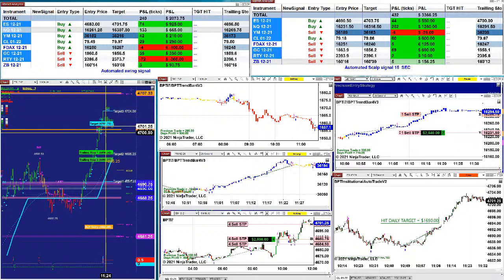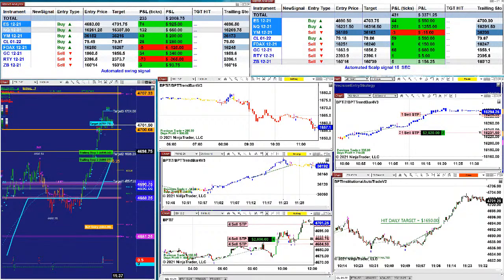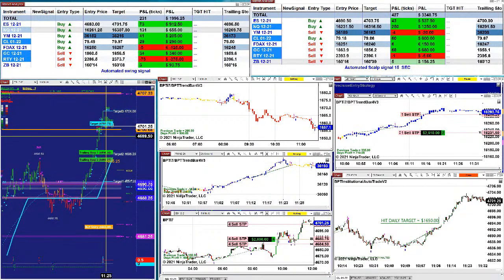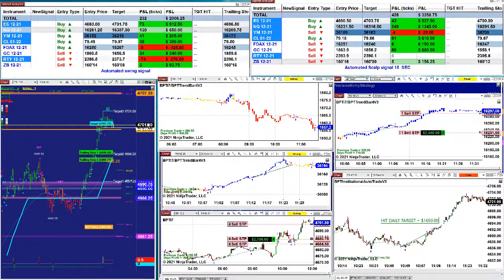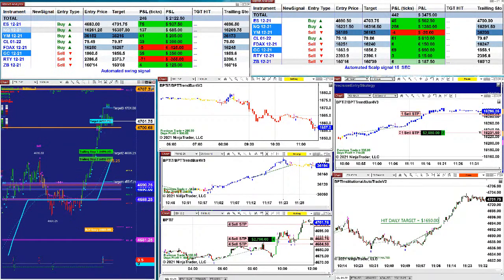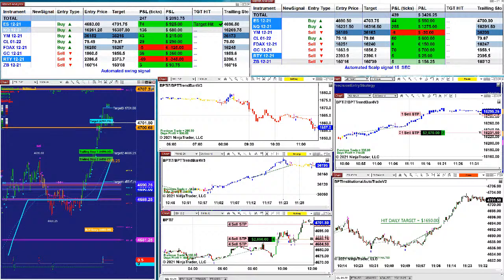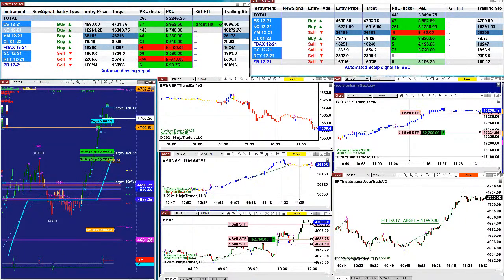They're gonna play us back and forth between target 1, target 3 and target 2. But right now it's 11:32, and now everything has hit targets. It was a very rough day, and there we go.